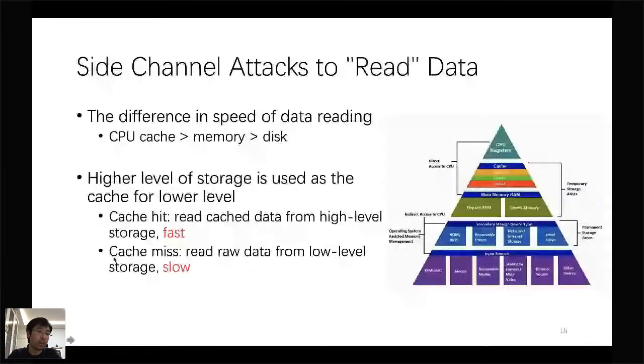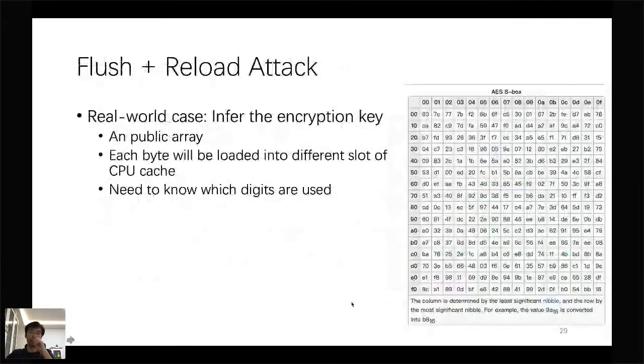And when a cache miss happens, the time you need to read the same data should be longer than when a cache hit happens. So we can see such a difference in the reading speed can be used as a side channel for us to infer the data the CPU is really using. And this is the idea.